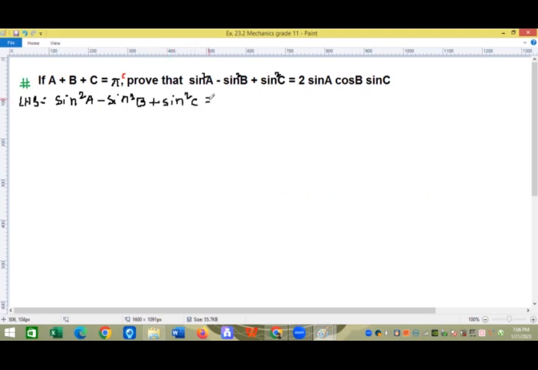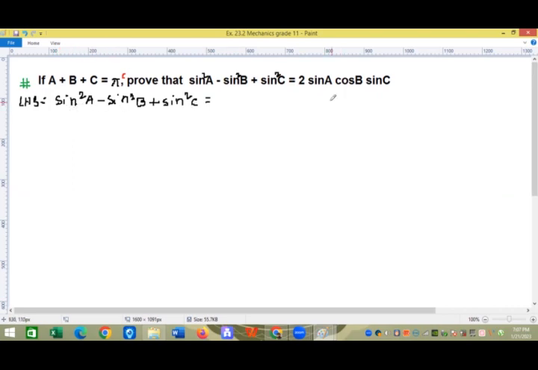Here also you need to manage the terms, that which terms are going to work while starting at first. For example, it is sine square a minus sine square b, or sine square a plus sine square c, or minus sine square b plus sine square c. So you have to decide it, and your speed depends on how used you are to all this sort of formula that are applicable here. So let me start from first two terms.